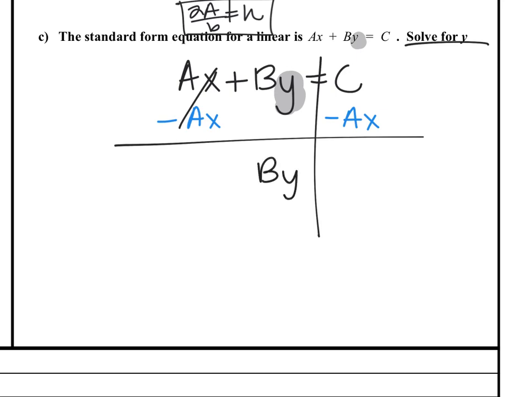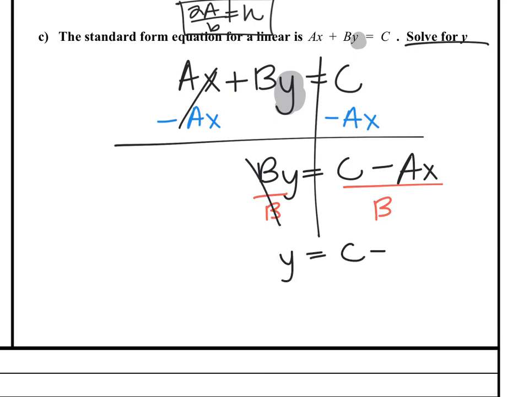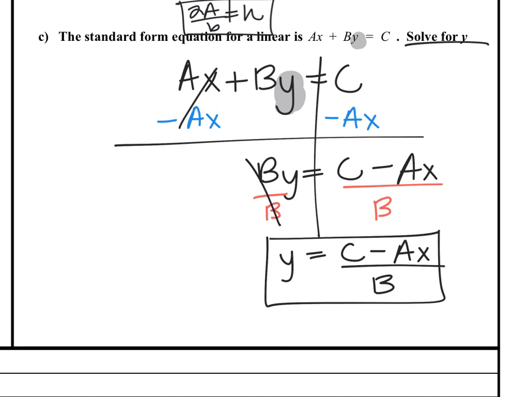So by equals c minus a times x. Now b is being multiplied, so I divide by b, which cancels it out. So my final answer is c minus ax divided by b is equal to y. Y is by itself, and everything else is on the other side.